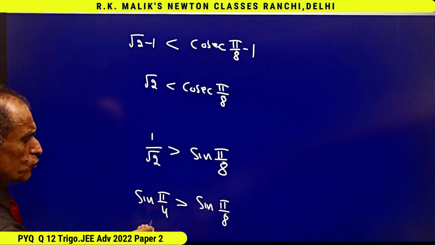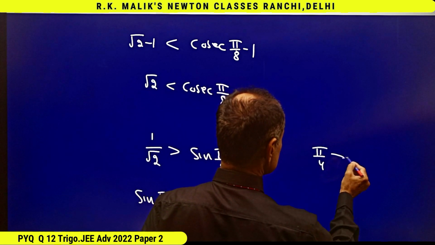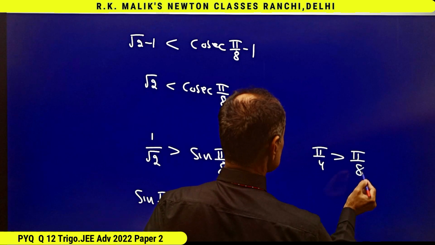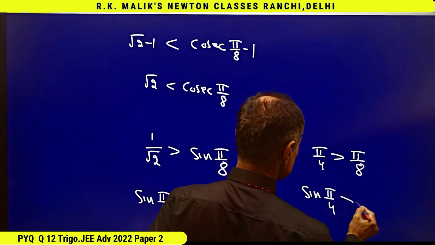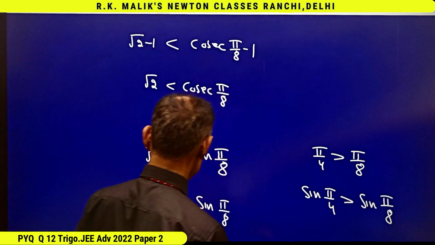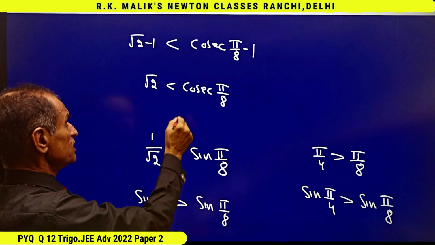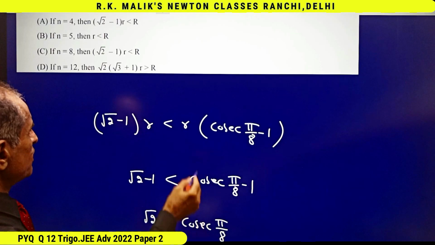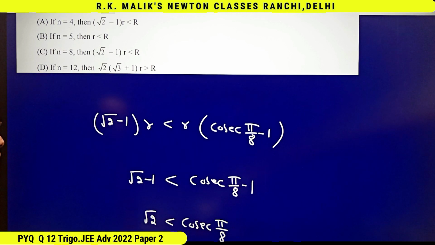And this is clearly true because we know that pi by 4 is greater than pi by 8. Therefore, sine pi by 4 is greater than sine pi by 8. Hence, this is true, and proceeding in the reverse order, I reach this conclusion. Therefore, I can say choice C is correct.